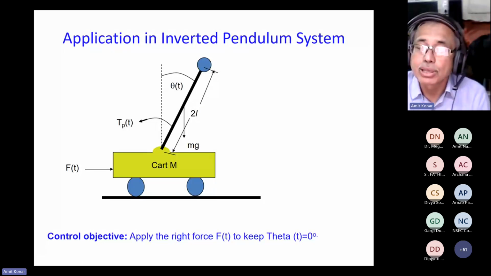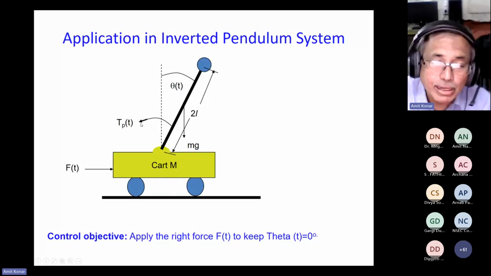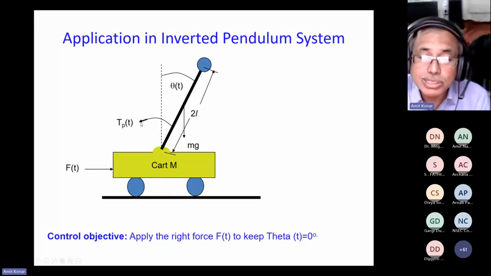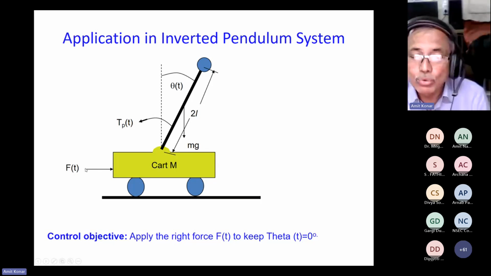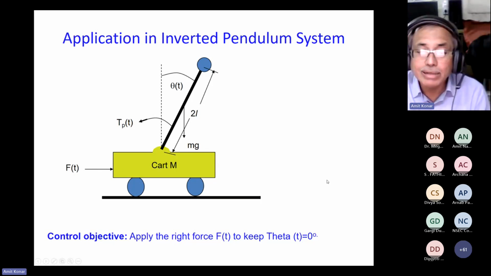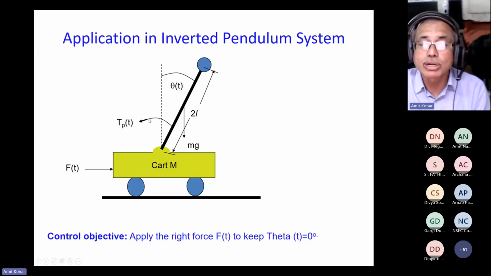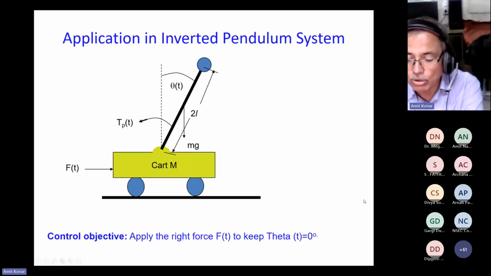What torque is generated on the pendulum when we apply a force Ft, which may be a pulling force or a pushing force, so that the pendulum always stays aligned with the vertical direction with the smallest possible angle close to 0 degree? That is the control objective.